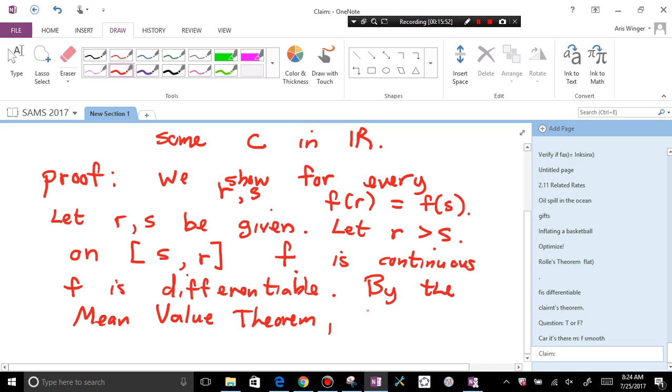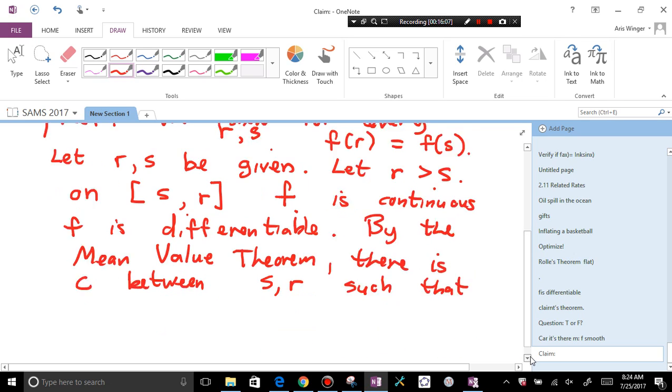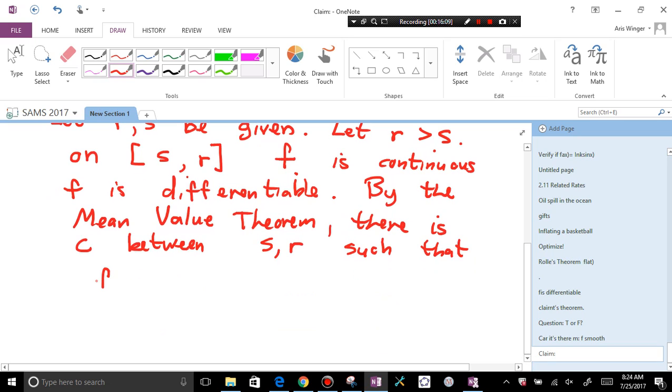There's a c between s and r such that f prime of c is equal to f of r minus f of s, all over r minus s.